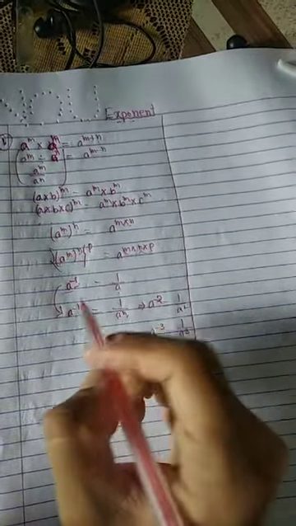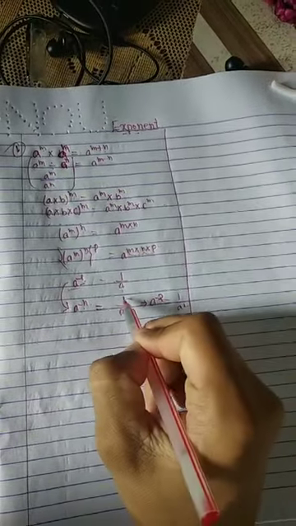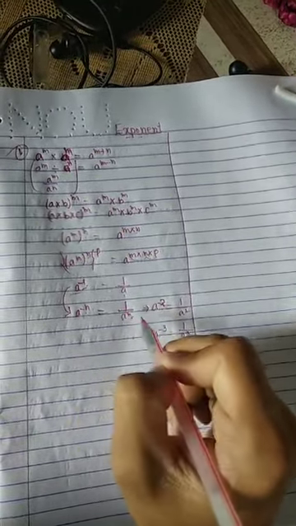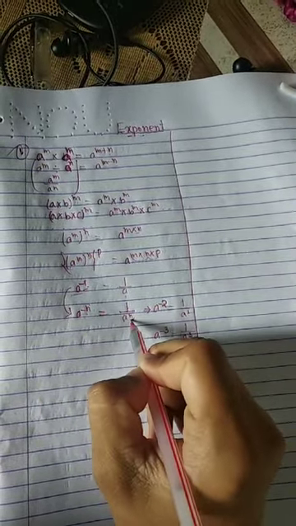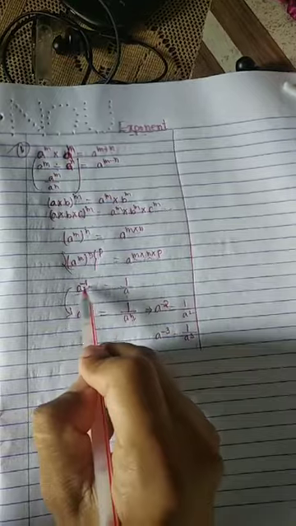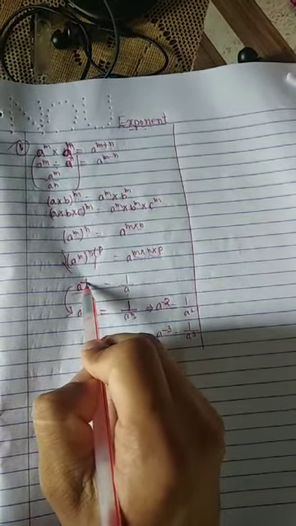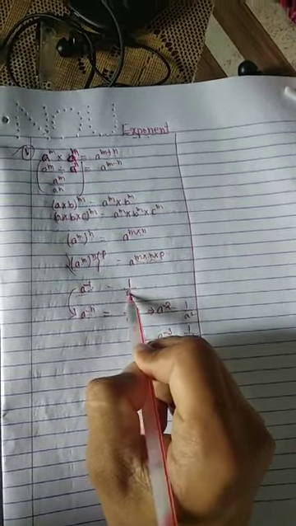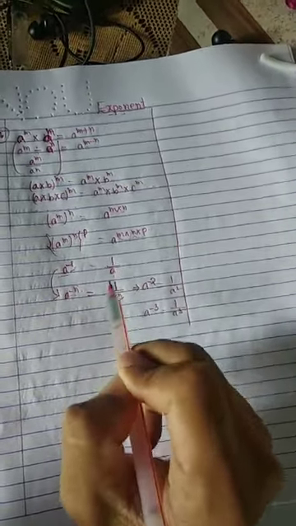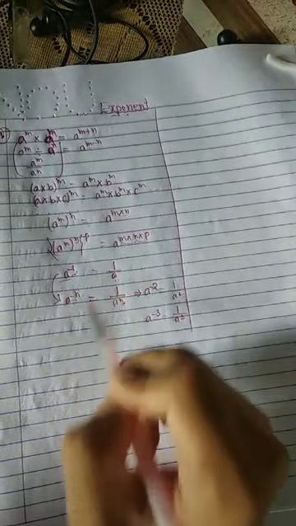So whenever we have a number with a negative power, it will change into a fraction, and this minus n will now be plus n. Similarly, as we had a to the power minus 1, it will be 1 by a to the power plus 1. And we know that the power 1 means the number itself only.